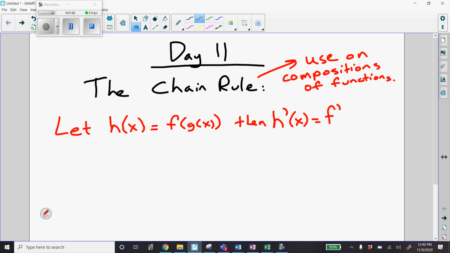So it's not f prime of x, it's f prime of g of x. And then we multiply. I always say, don't forget to chain on the chain rule. We multiply by the derivative of that inner function. So in this case, that would be the derivative of g of x, which would be g prime of x. Again, this is multiplication here.